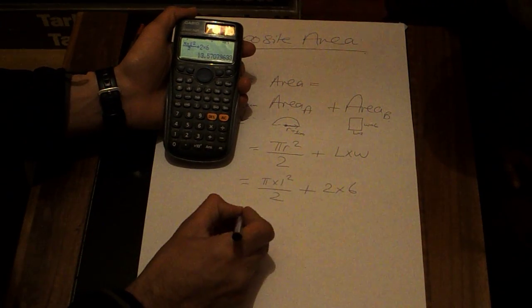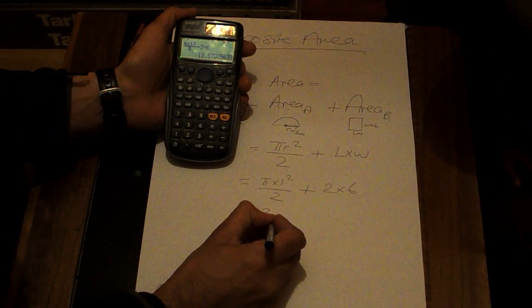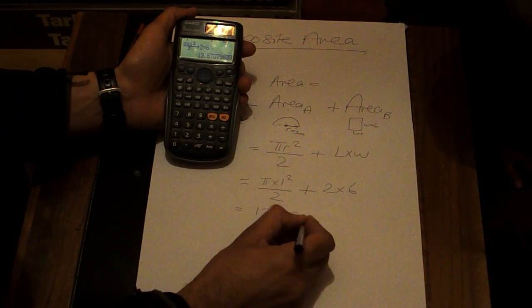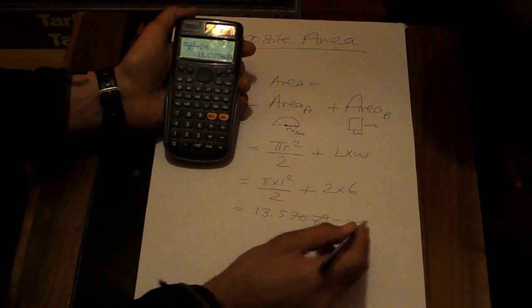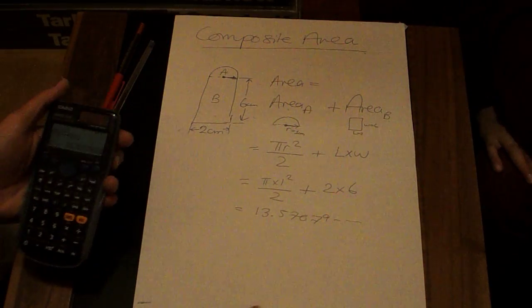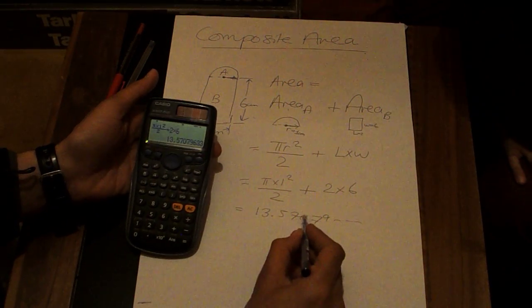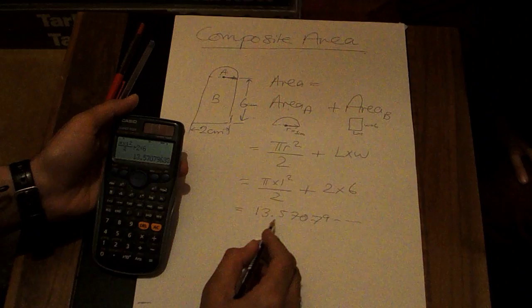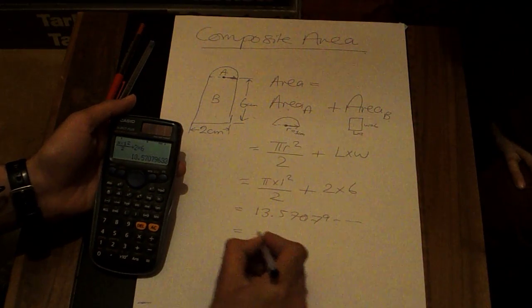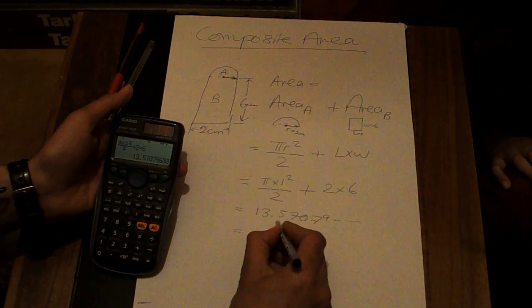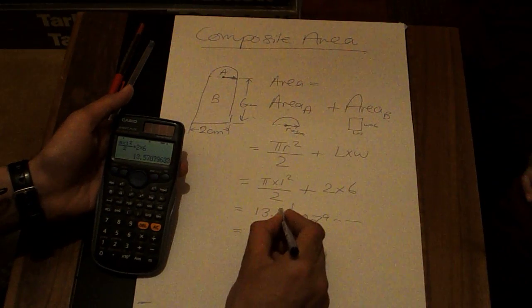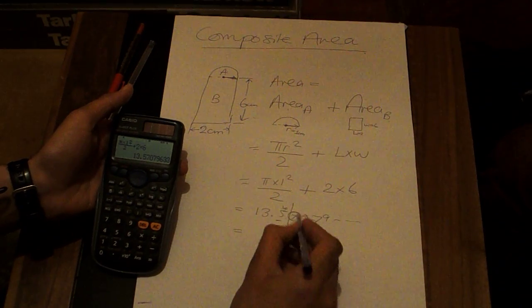okay, at the moment that's giving us an answer of 13.57079 and so on. Now, if you look at this particular number here, we need to round it off to a reasonable degree of accuracy, and at the moment 1 dp is more than sufficient. So we look at this number here, this is my last digit, this is my deciding digit.